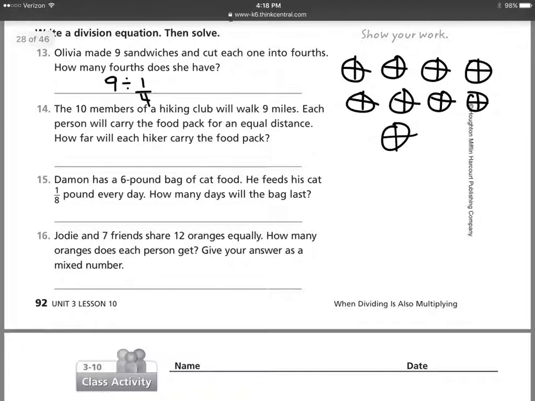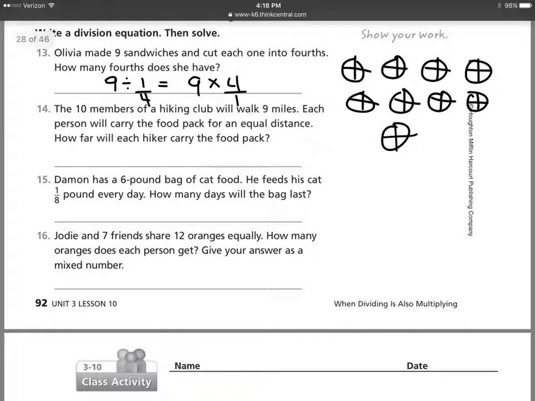Of course, drawing pictures is one way to solve this problem. And now you could just count up your fourths, and you would find that you would have 36 fourths. But we want you to show it as a division problem, an expression, and also convert that to a multiplication expression. 9 divided by 1/4 is the same as 9 times 4 over 1.